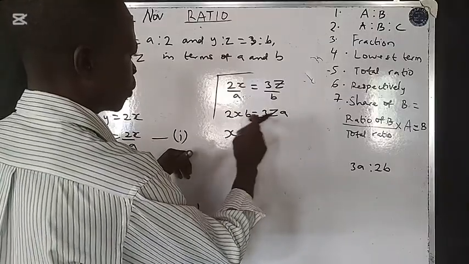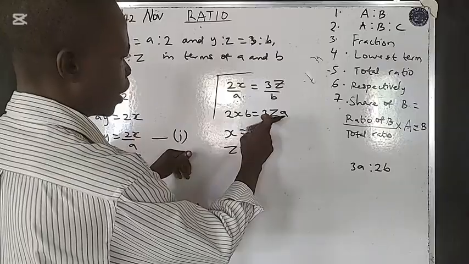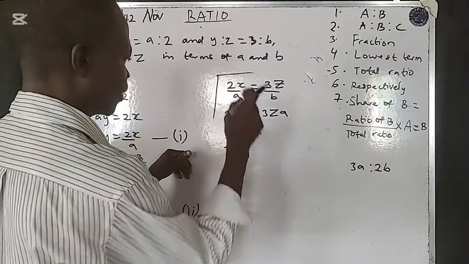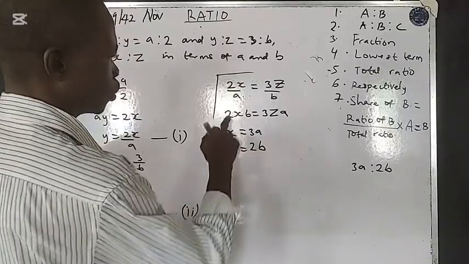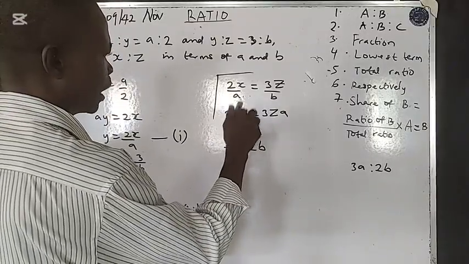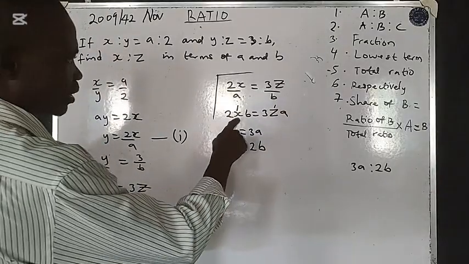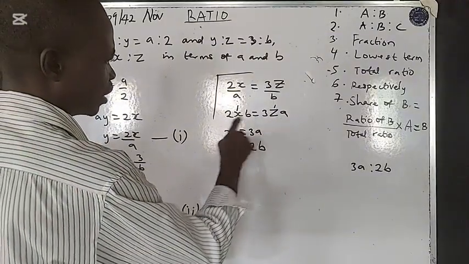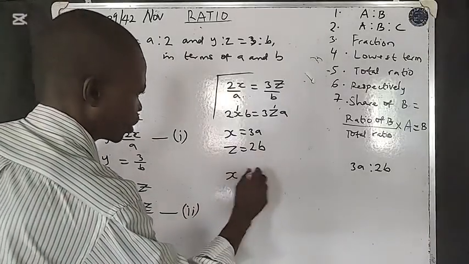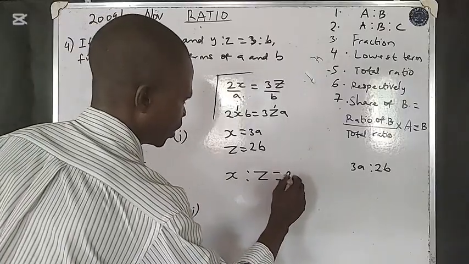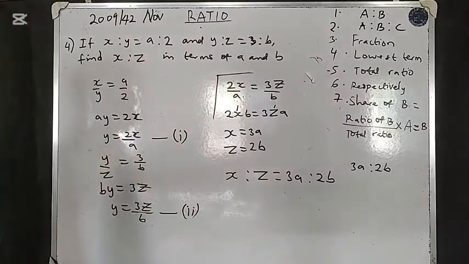I'm leaving Z alone. Z will be 2B. I'm leaving X alone. 2 times B, that will be 2B. These are my subjects, so I'm not going to write the rest. So we say X is 3A, we say Z is 2B. So X ratio Z equals 3A ratio 2B. That is the answer for this one.